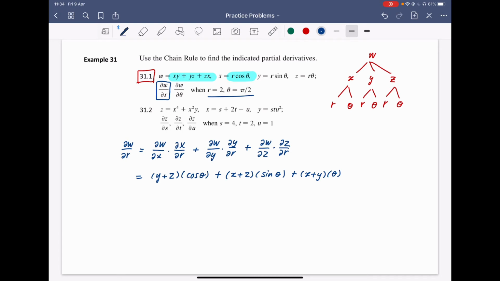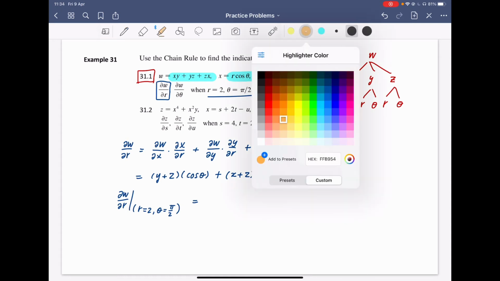Now you just need to evaluate at r equal to 2 and theta equal to pi over 2. When r equal to 2 and theta equal to pi over 2, you can solve for x, y, and z. Follow my highlighter here.